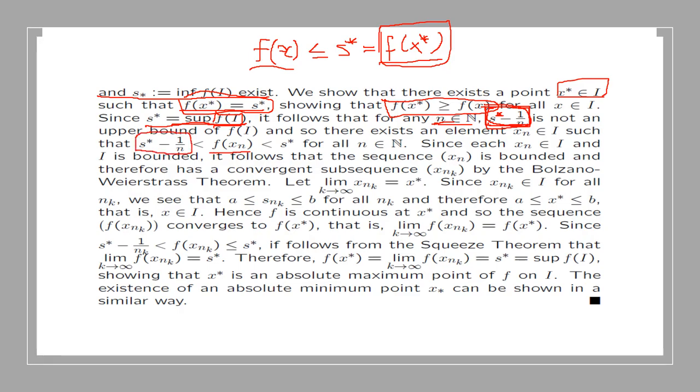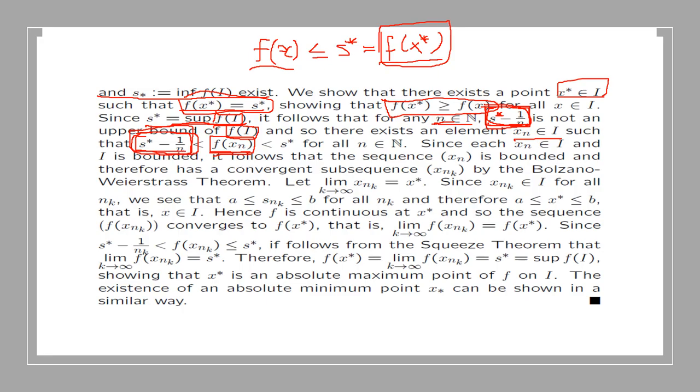But remember, elements in f of I are of the form f of x, such that x is in I. So for there to be an element in f of I bigger than this number means that there is an element in I, call it x n, such that f of x n is bigger than this number here.